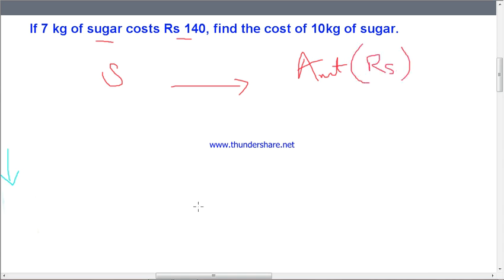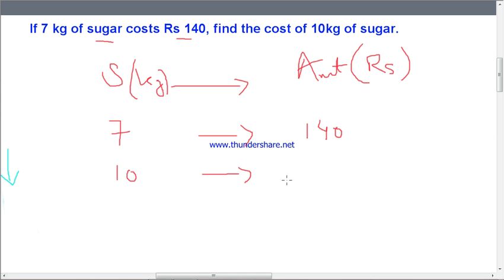Now let's write sugar. The value given in the sum is 7 kg. This is in the form of kg. 7 kg costs rupees 140.